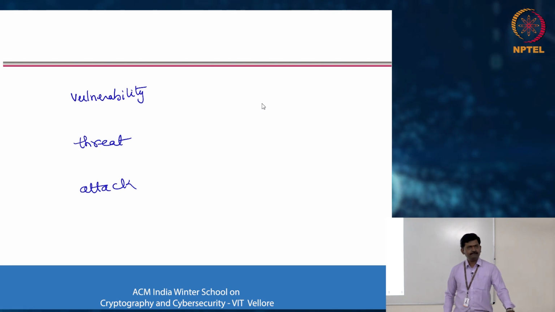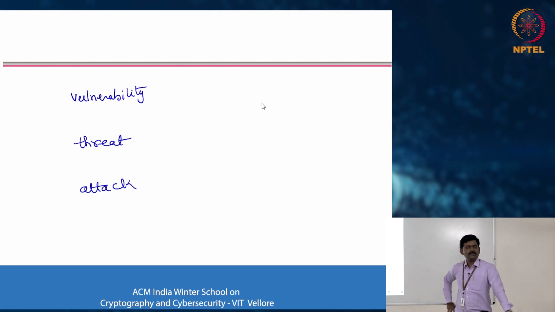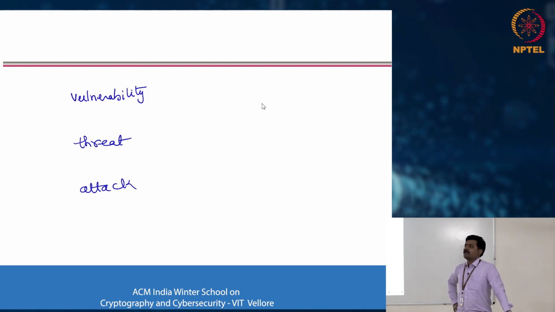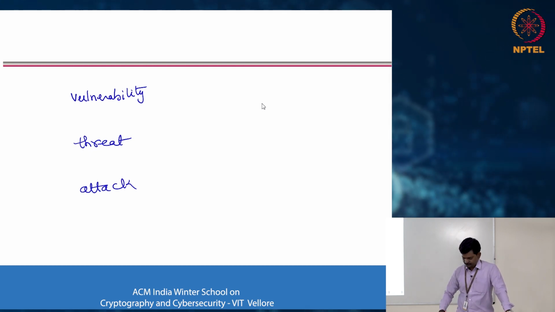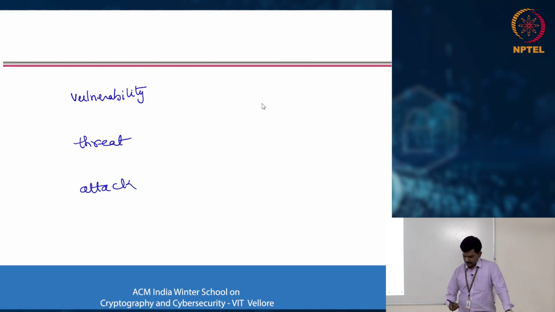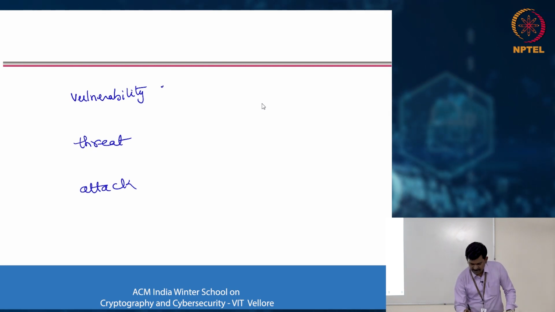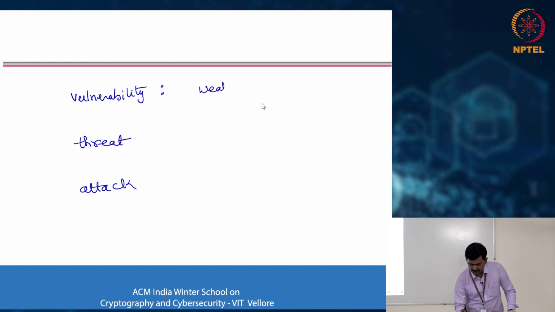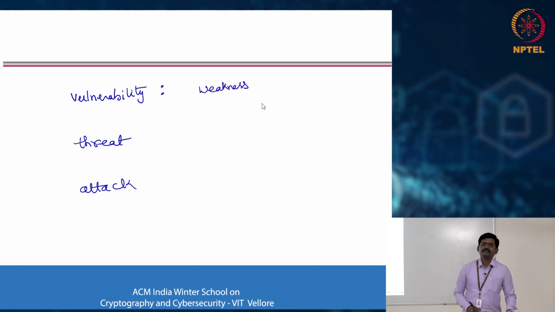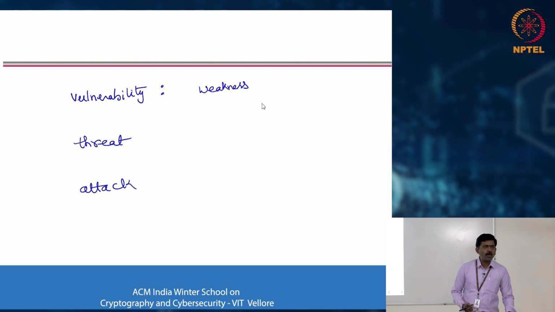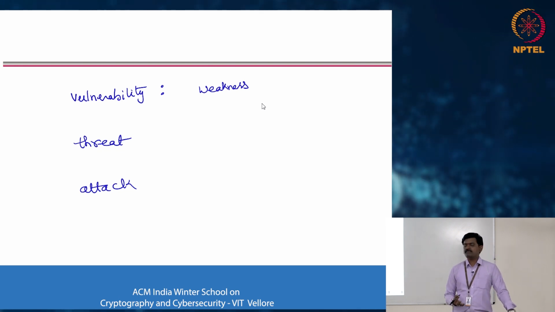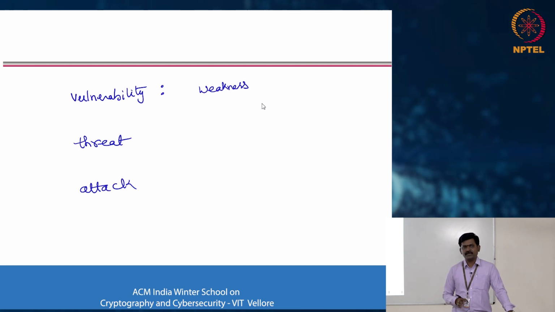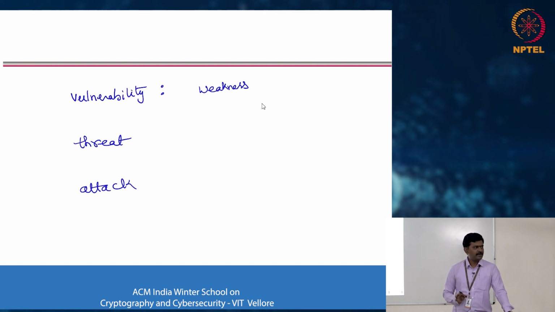Are they the same? Do they have different meanings? What is vulnerability? In any system, you will have a weakness. When you write code, there may be some vulnerability in the code that is induced intentionally or accidentally, nobody knows. So vulnerability means weakness in the system.